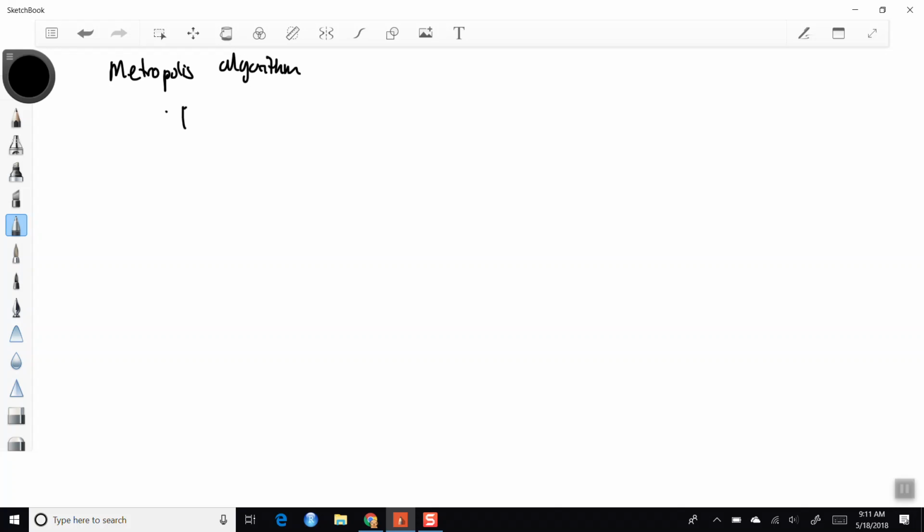First of all, our proposal distribution is we have a current mapping, which says A through Z gets mapped to some letters.